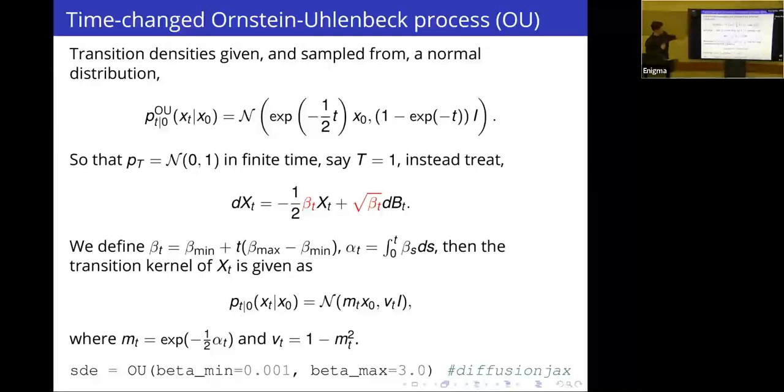That leads to the introduction of this temperature parameter, and beta controls the rate at which you cool down your initial distribution towards the terminal distribution, which is the data distribution that you want to sample from. That tends to be quite important in the implementation in practice. So this is the first line of DiffusionJAX you see at the bottom, and that's an implementation of the Ornstein-Uhlenbeck SDE with some of these time rescaling temperature parameters added.